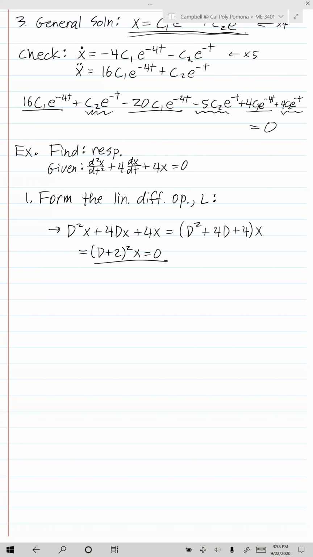And so you can immediately see that if we were dealing with our characteristic equation, we would have repeated real roots, specifically repeated real roots where the value of the root is -2. Here, though, I'm still in the process of forming the linear differential operator, so we can say that L is equal to (D plus 2) squared.